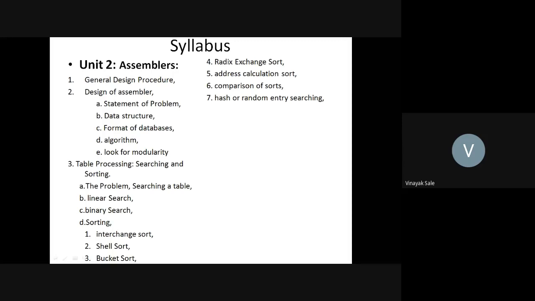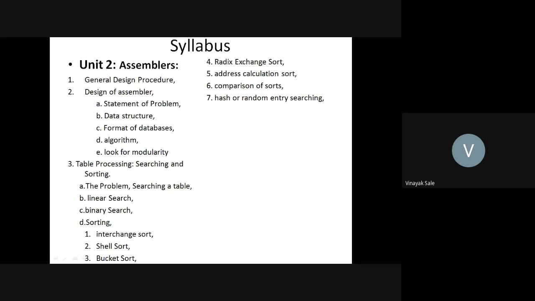Then table processing, searching and sorting, that is searching a table, then linear search, binary search. Then different sorting techniques you have studied in data structure, that is interchange sort, shell sort, bucket sort, radix exchange sort, address calculation sort, comparison of sorts, hash or random entry searching.